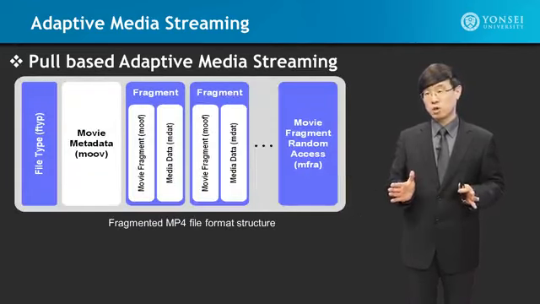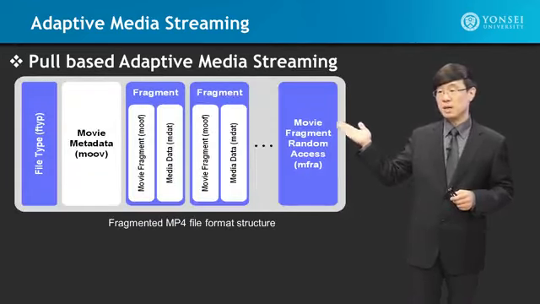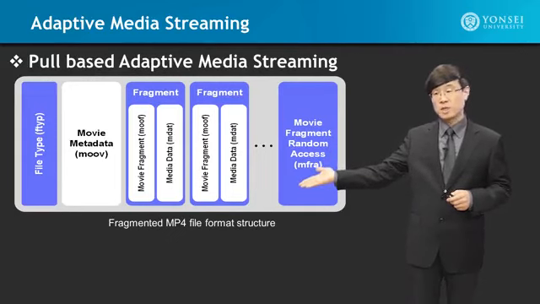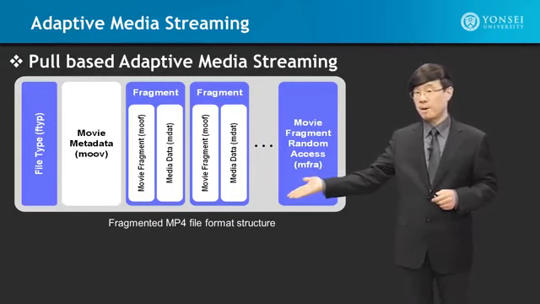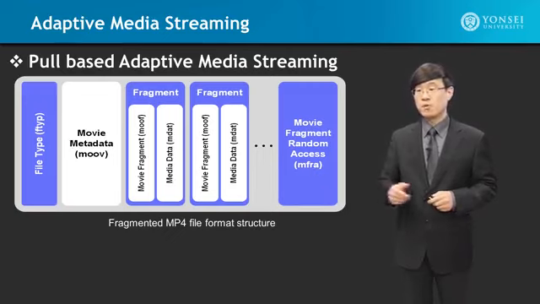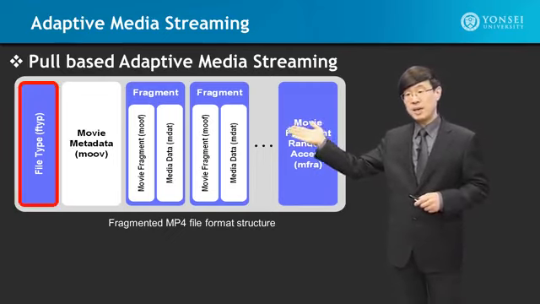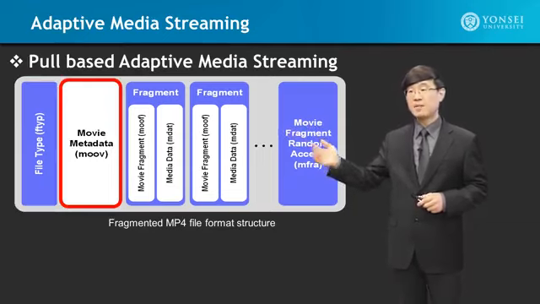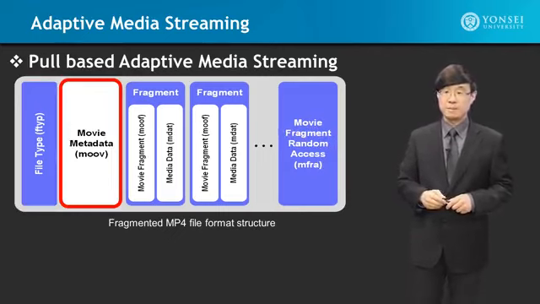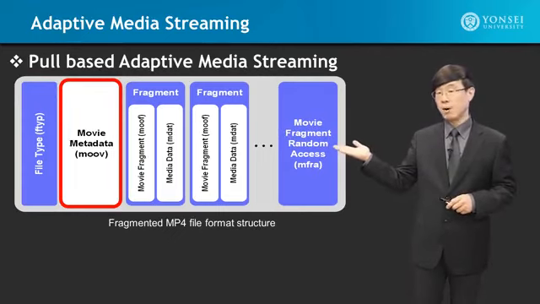Looking into the structure of the media streaming file format, which is based on MPEG-4 technology, you will first see at the beginning the file type, which is the FTYP listed up there. Then we have the movie metadata, which is the MOOV part.